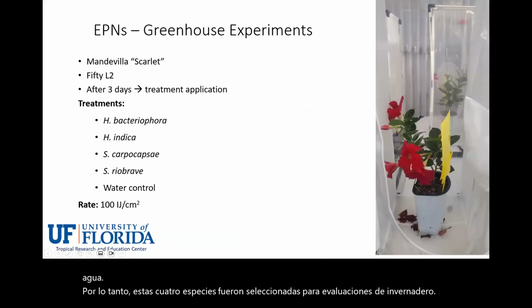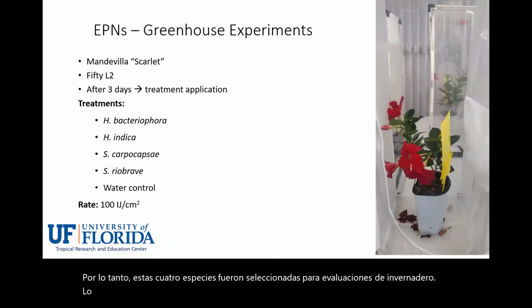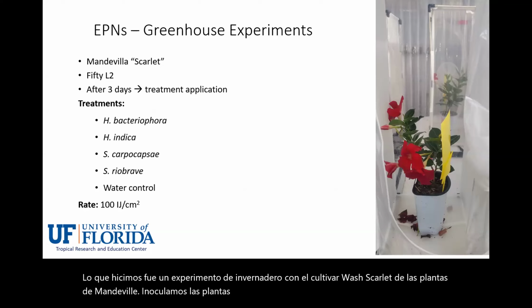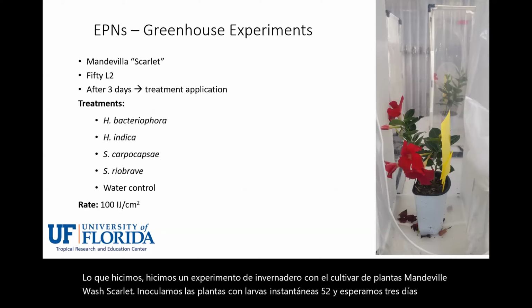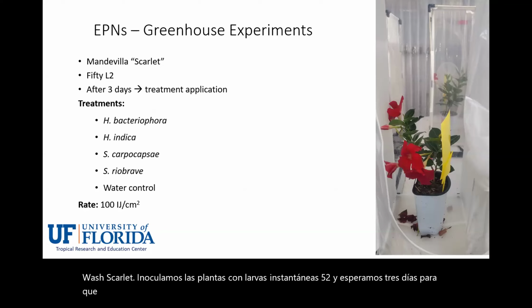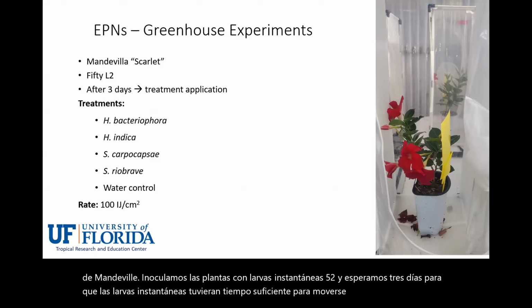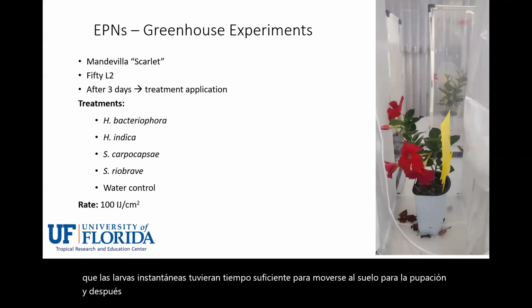We did greenhouse experiments using Mandevilla plants. The cultivar was Scarlet. We inoculated the plants with 50 second instar larvae, and we waited 3 days so that the larvae had enough time to move to the soil for pupation. After 3 days, we applied the nematodes at a rate of 100 infective juveniles per square centimeter.